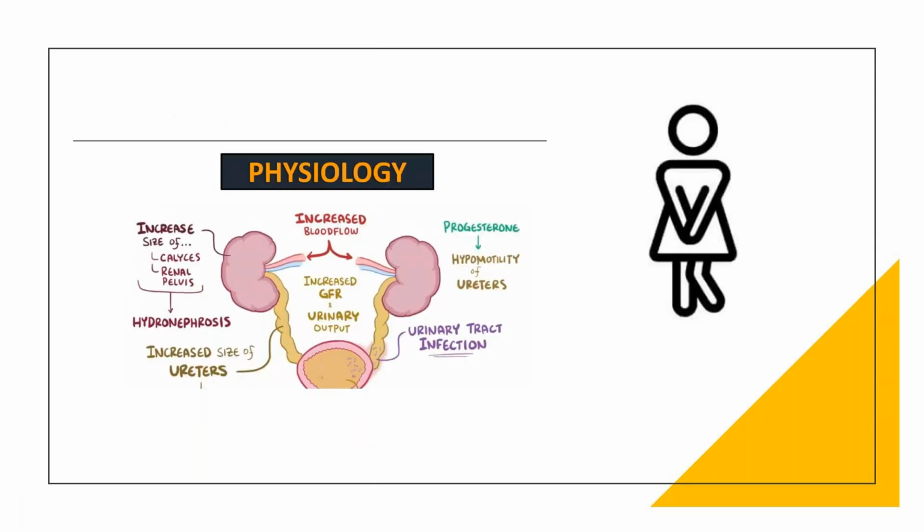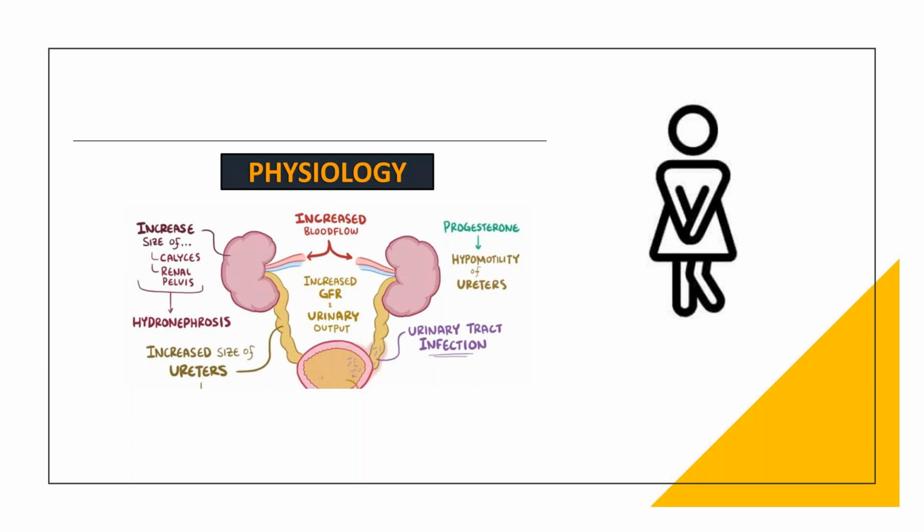Why are these caused during pregnancy? It may be for several reasons. First of all is the progesterone, which causes hypomotility of the uterus, increased blood flow to the kidneys, which increases the glomerular filtration and increased urinary output.